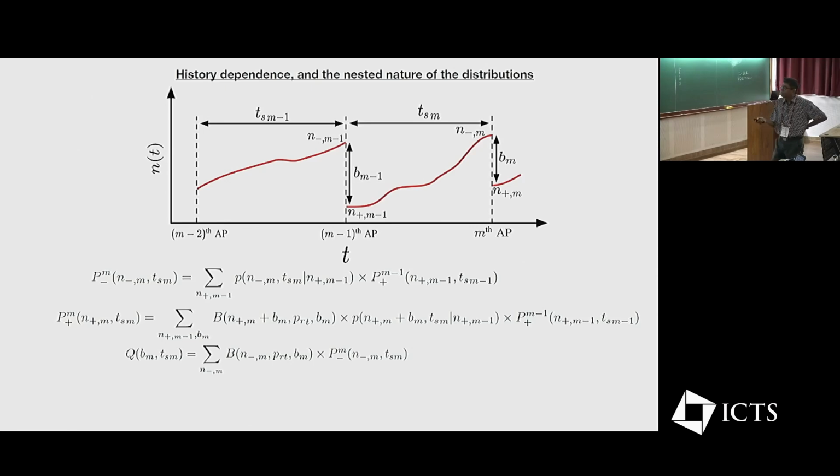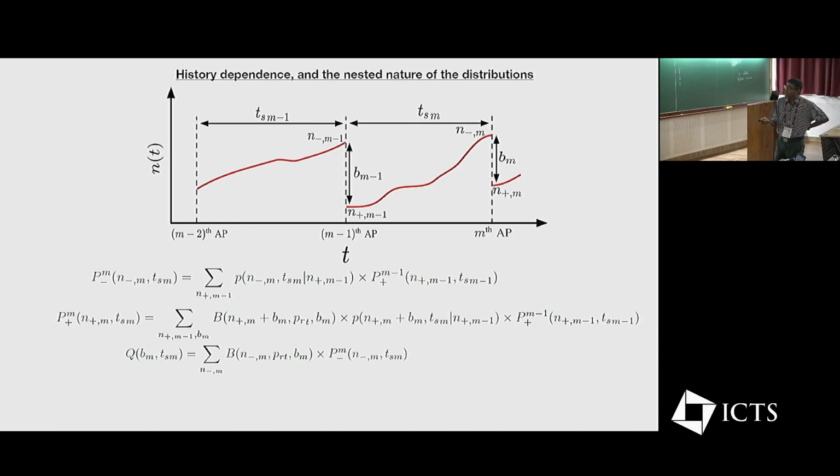So one can start with the probability of this number n plus here, and then there will be a propagation of that number stochastically up to the number here, which is given by this, and then there will be a binomial release. And then if you sum over this number and this b, then you should get the probability of this number n plus.